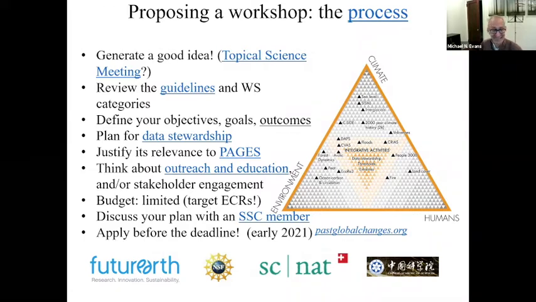So we try to support early career researchers. We also try to support researchers who come from regions and areas, subdisciplines, and backgrounds which are underrepresented in PAGES. PAGES really does aspire to be global, and we could do a lot better job. And we need to look no further than the global reach of the ECN for a really nice model.